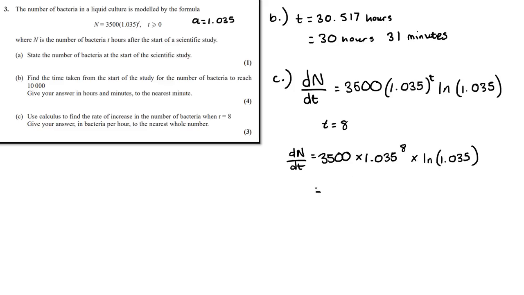Okay, now we put this into our calculator. What you should find here is that you get 159. So we're doing this in bacteria per hour to the nearest whole number, so that's going to be 159 for the number of bacteria. So there we go. That gives our solution to part C, and the solution to question 3 overall.